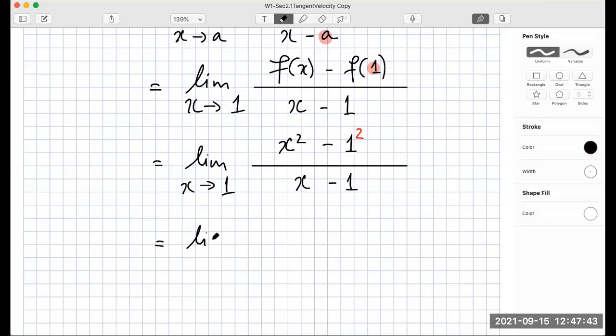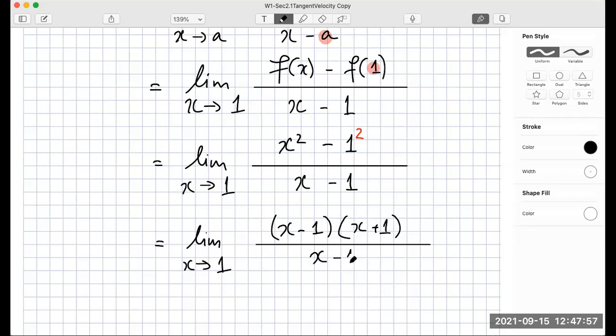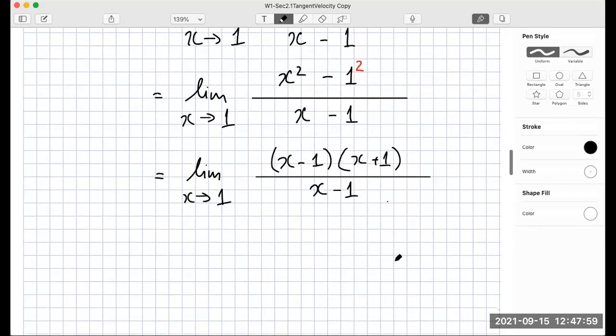It will be x minus 1 times x plus 1. Yes, thank you. The x minus 1 terms will cancel each other. Therefore, it becomes x plus 1 over 1, right?